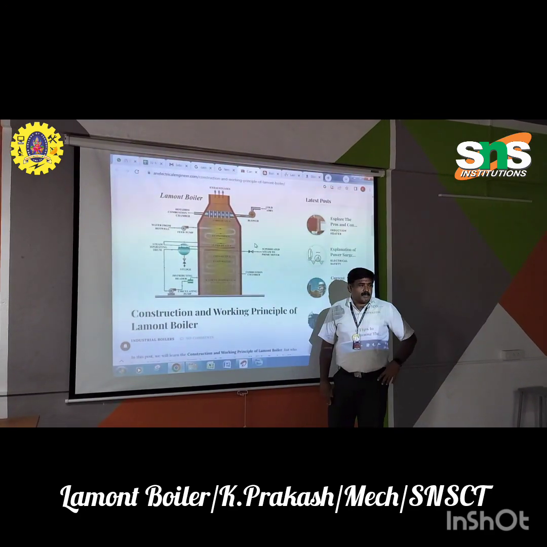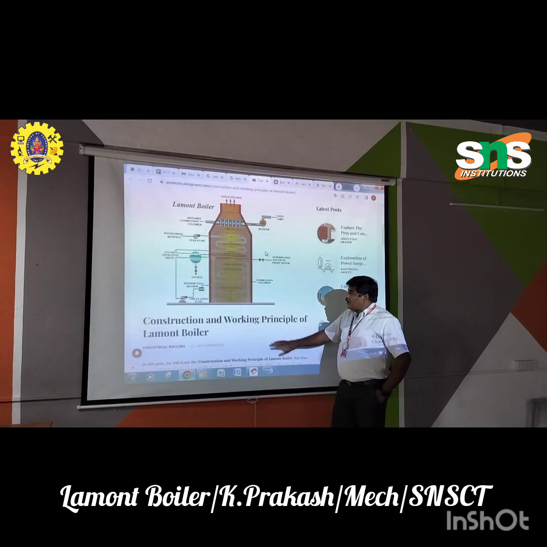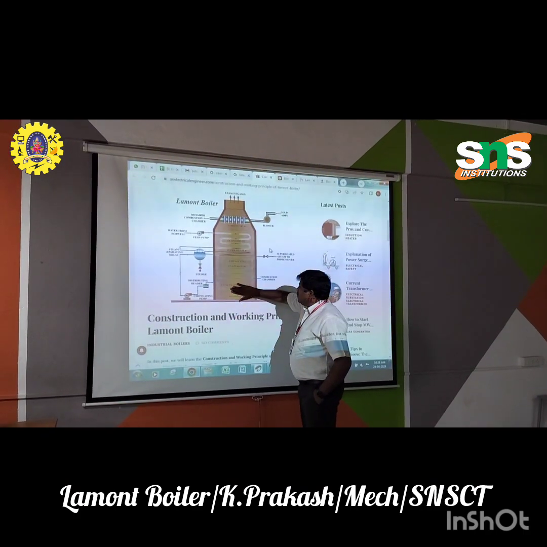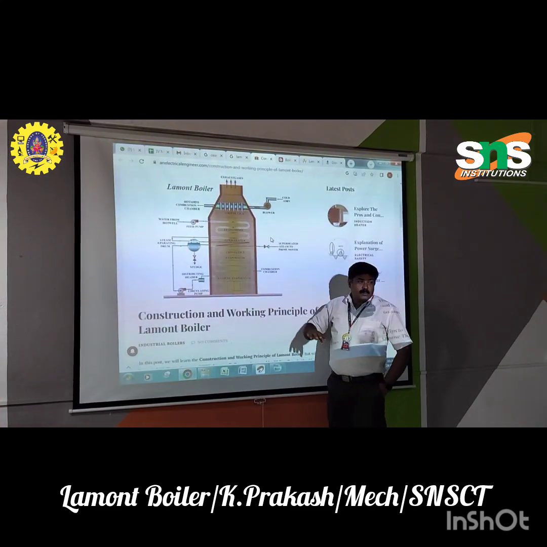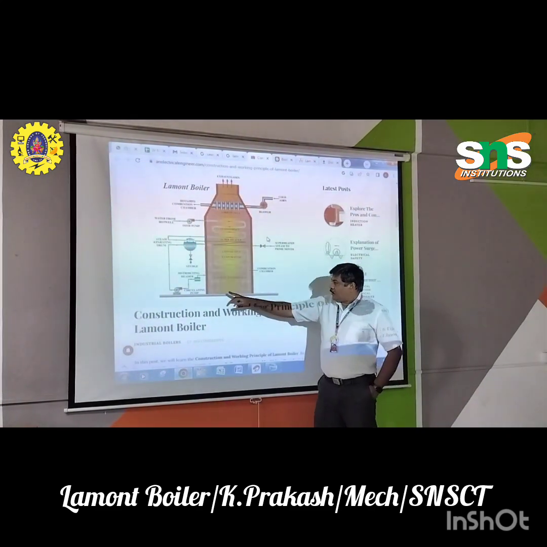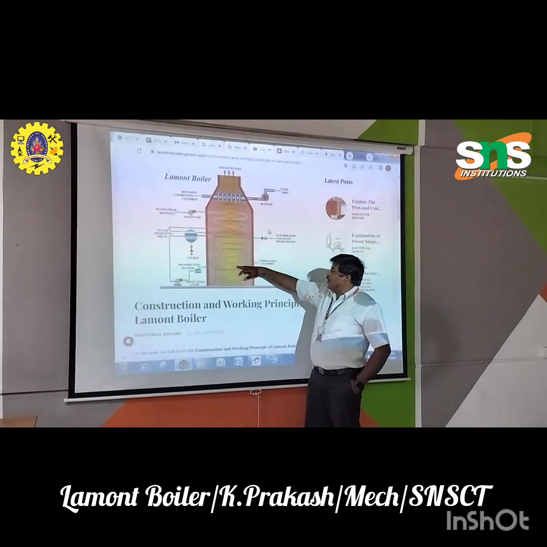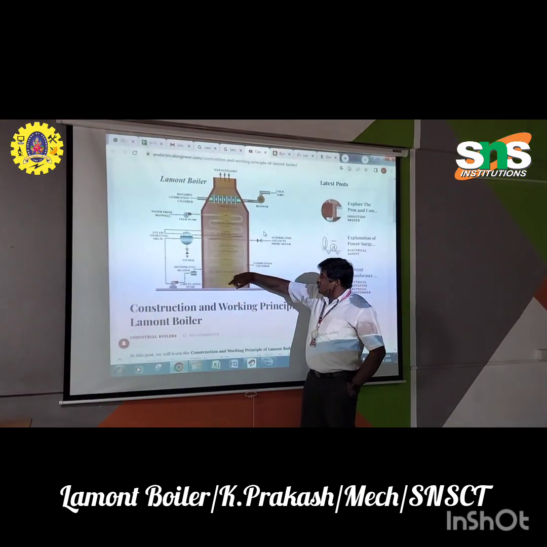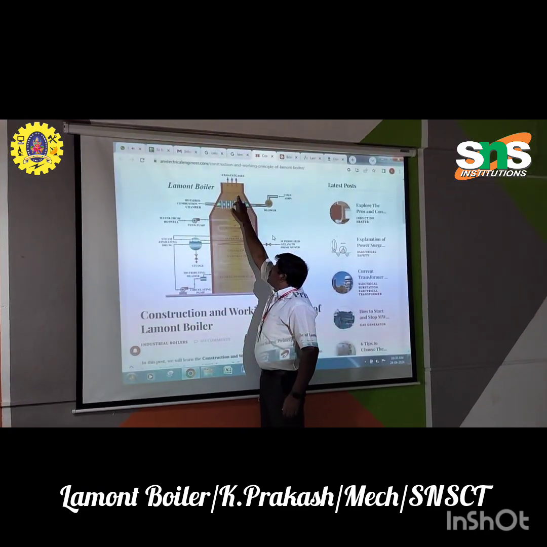then the working. If you take this Lamont boiler, here there are different zones where the combustion takes place inside this boiler. When the combustion takes place and the flue gas enters this boiler, the flue gas passes towards the exhaust.